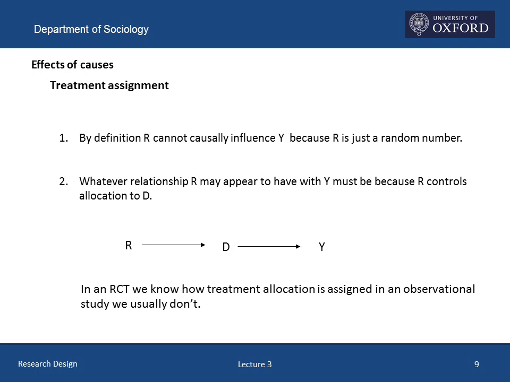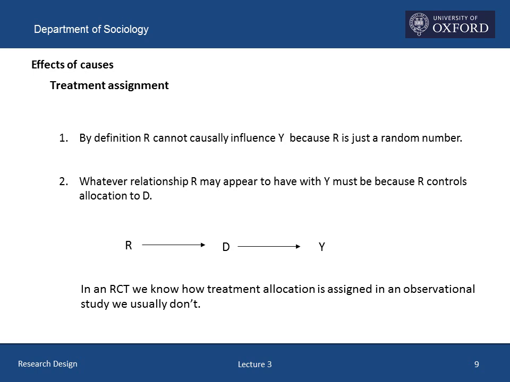We know that R cannot have a causal effect on an outcome, capital Y, because R is just a random number. Whatever relationship R may appear to have with Y must be because it controls allocation to D.